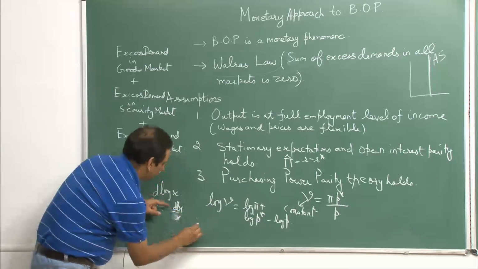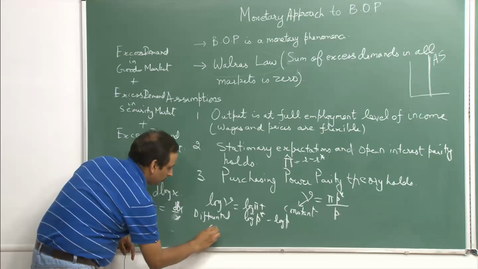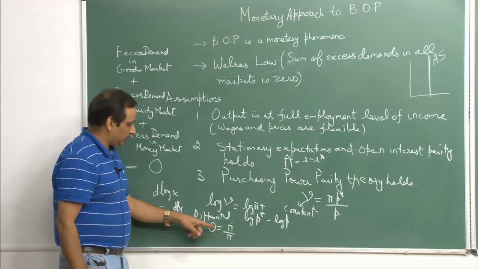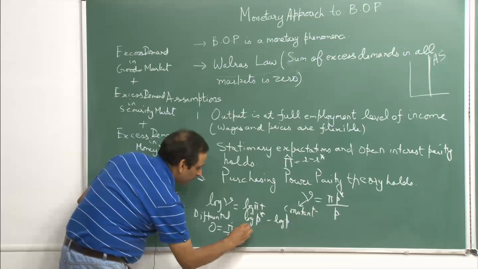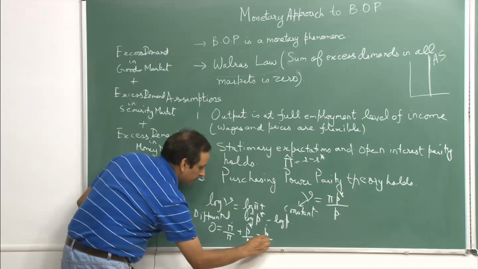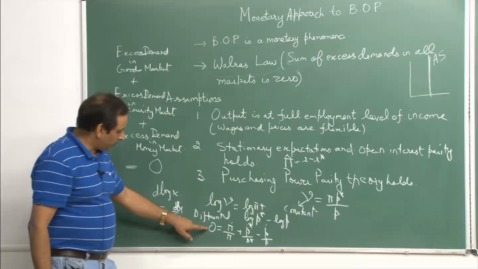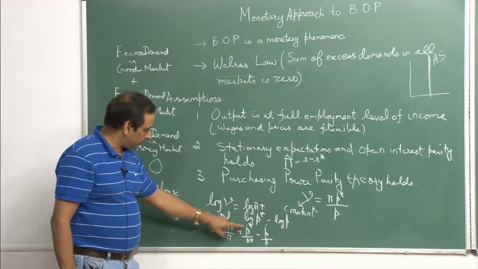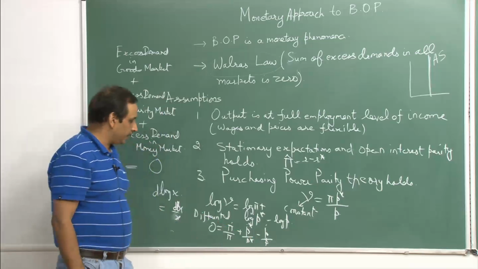If you take the differential, you will have 0 equals d pi by pi plus dp star by p star minus dp by p.